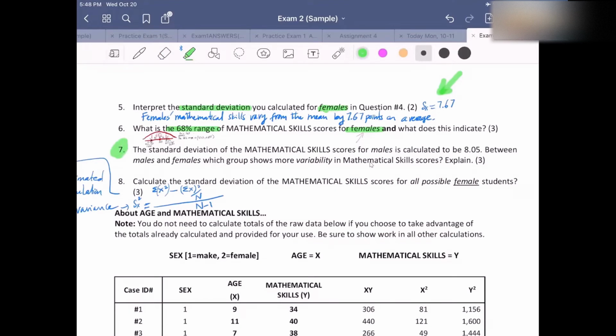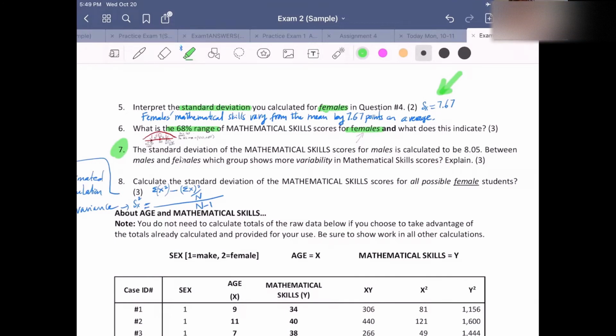All right, I'm going to ask Alones. Can you read number 7 out loud for me? Alones, are you there? Yes. All right, can you read number 7 out loud for me?